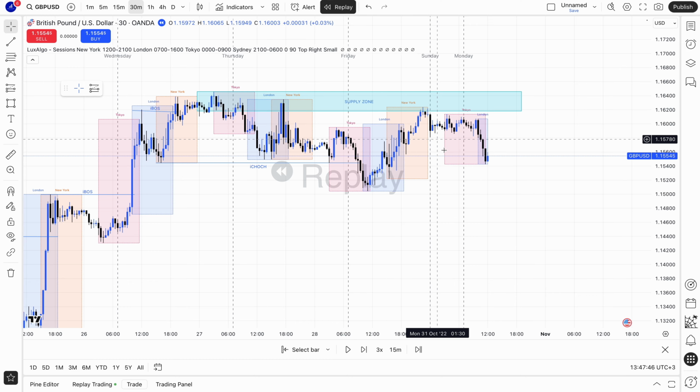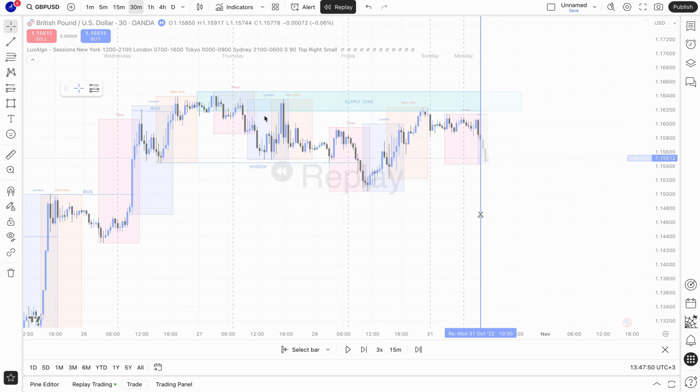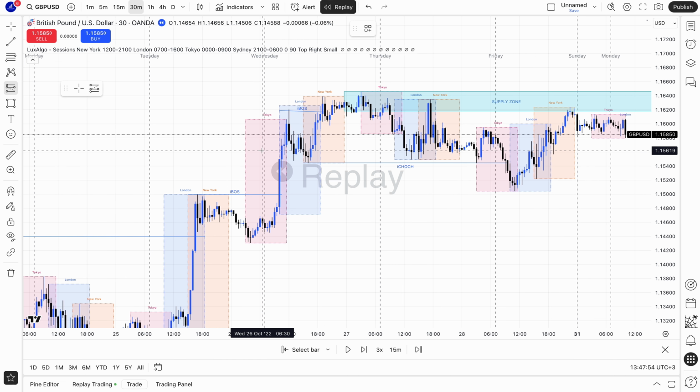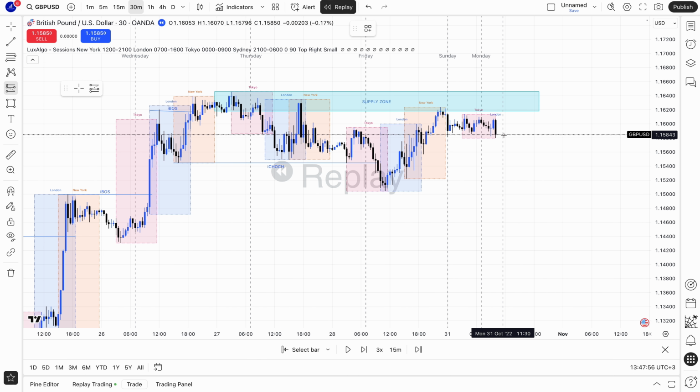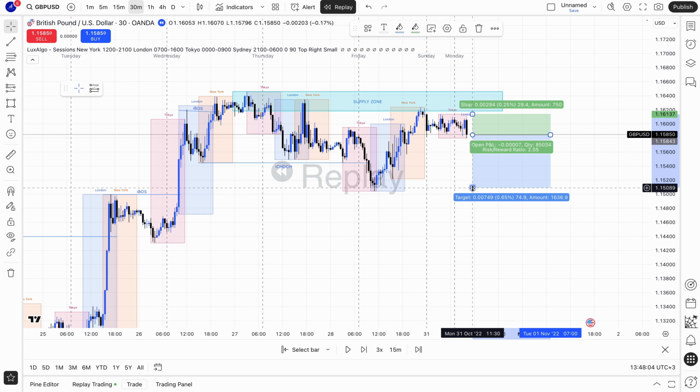Stop loss just above Tokyo session, Asian session.